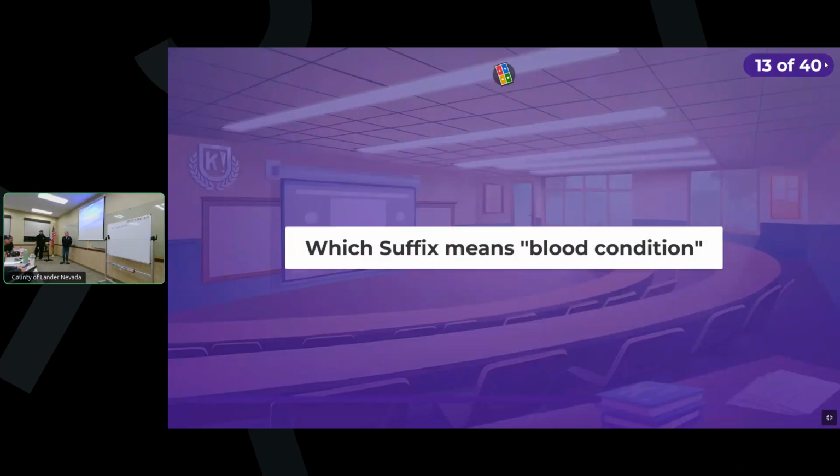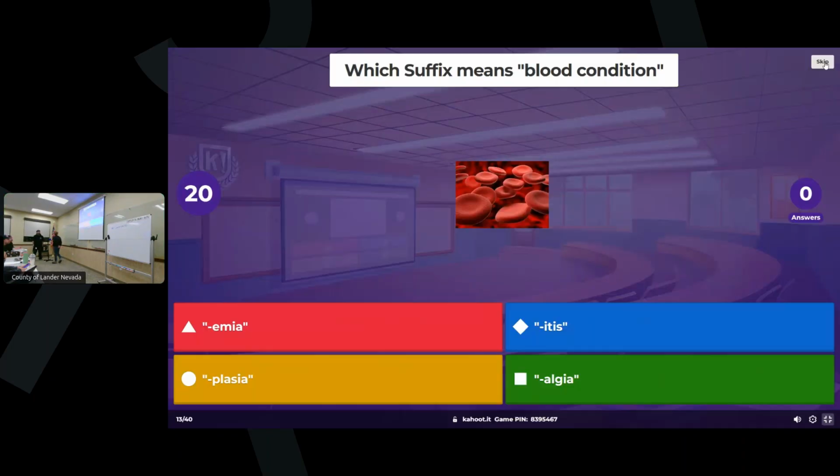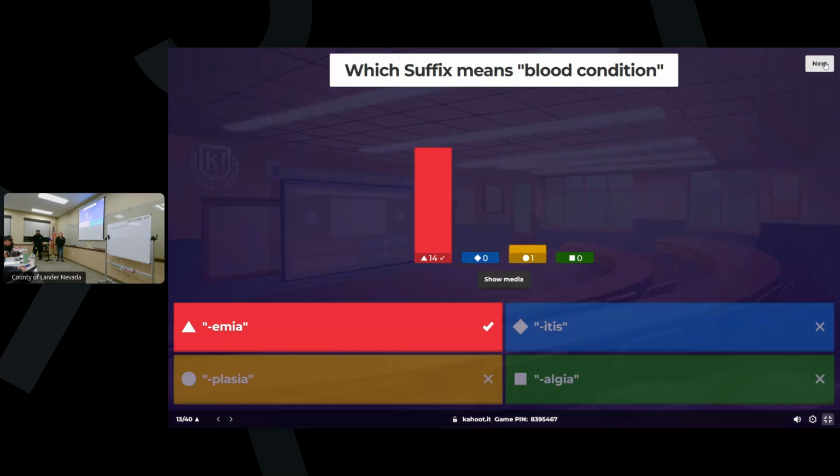Which suffix means blood condition? Okay, good. So emia, so anemia, right? That's a common one that you hear a lot. Anemia is like lack of red blood cells. So emia meaning of the blood.